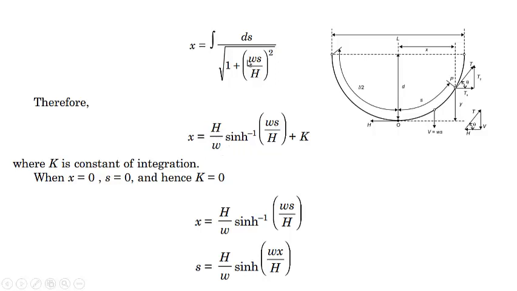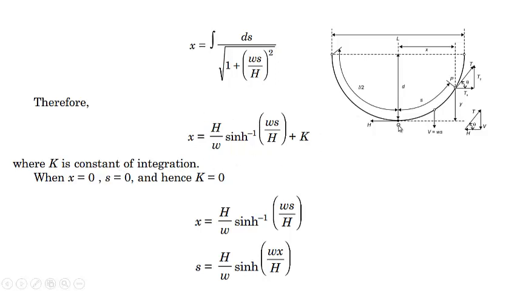This h by w comes from the fact that we are integrating with respect to s, so the coefficient of s has to be divided. When we divide by w by h, it comes out to be h by w. Now this is the value of x in terms of s, where k is the constant of integration, which we can find from the initial value or boundary conditions.